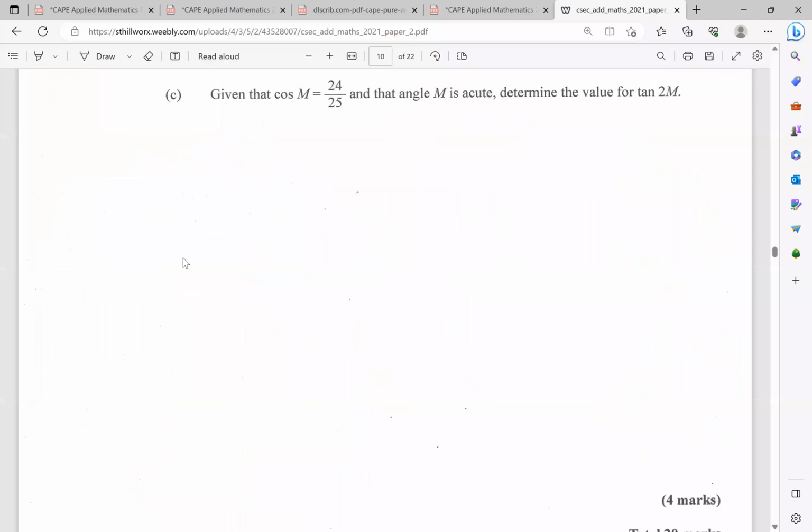The same thing I was doing: what is cos? Cos is something over something. Yeah, adjacent over hypotenuse. So your adjacent is 24 and your hypotenuse is 25.